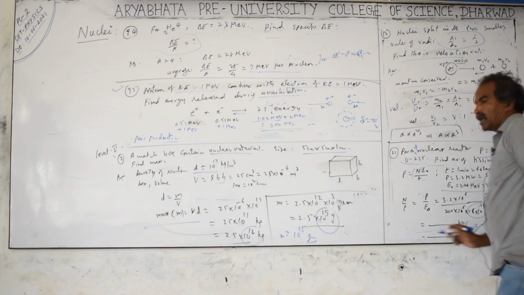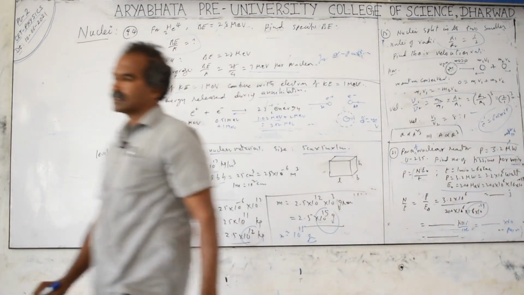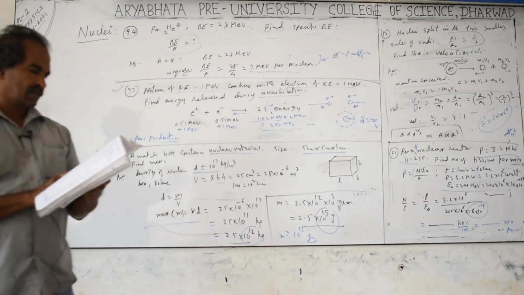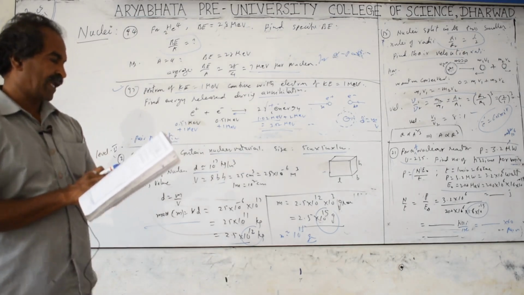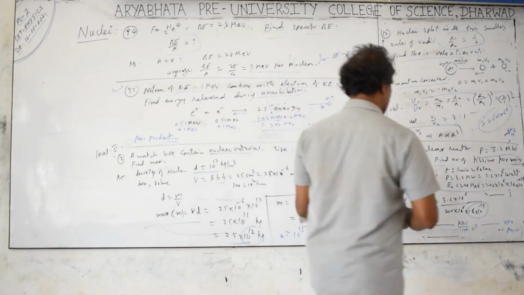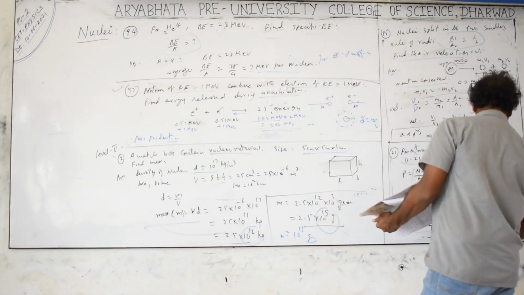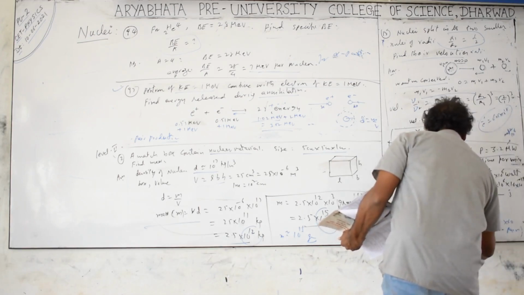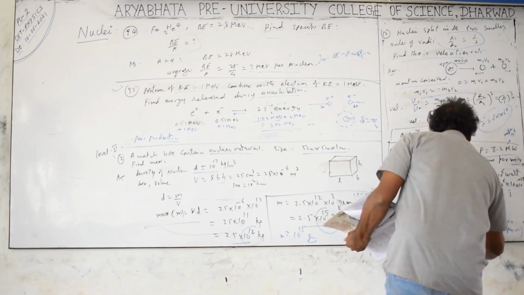The answer is 6 into 10 to the power of 18 fissions per minute.